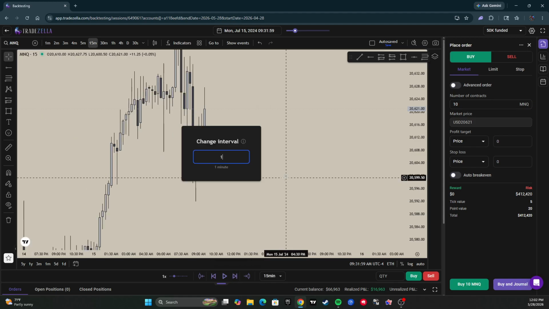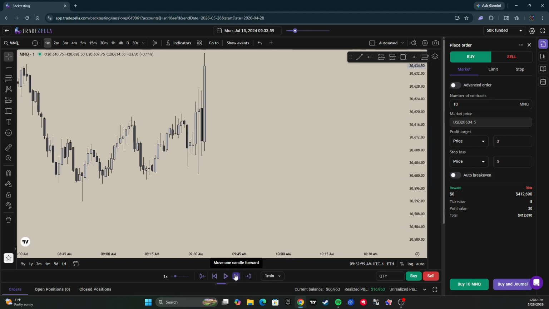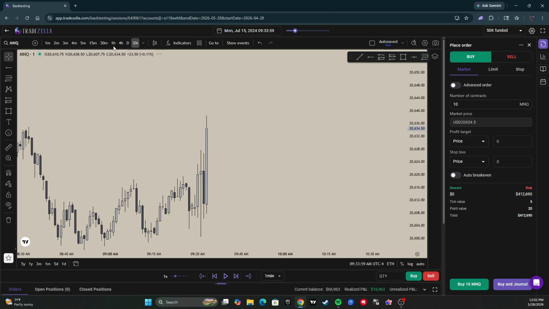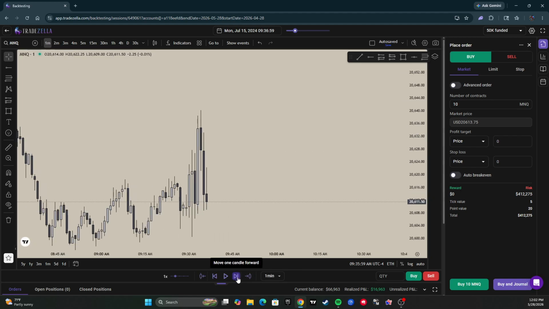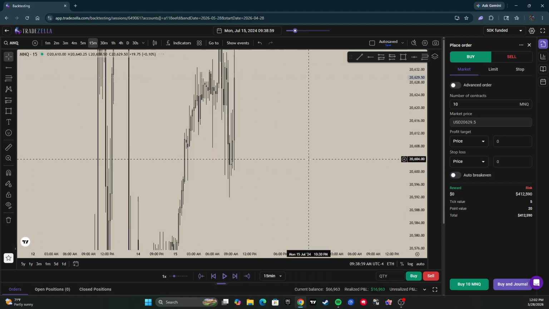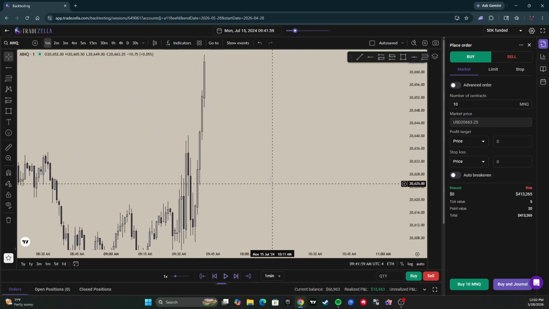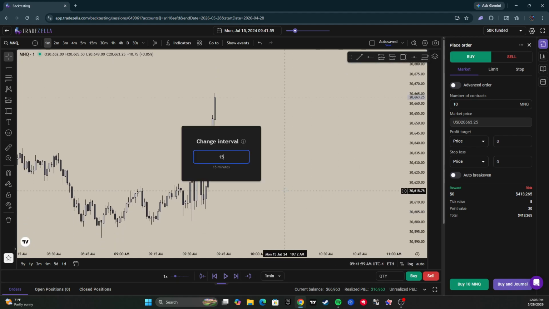Yeah, somewhat. Wow, forming a lot of low resistance liquidity right here. Nothing really I'm seeing though. There wasn't really anything in this leg for me to take.